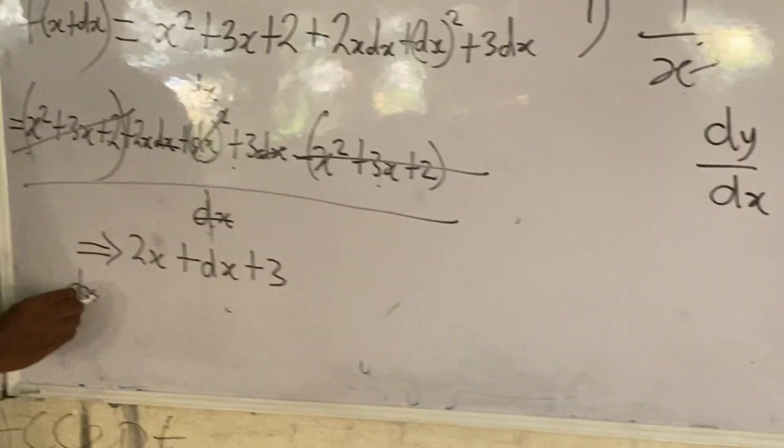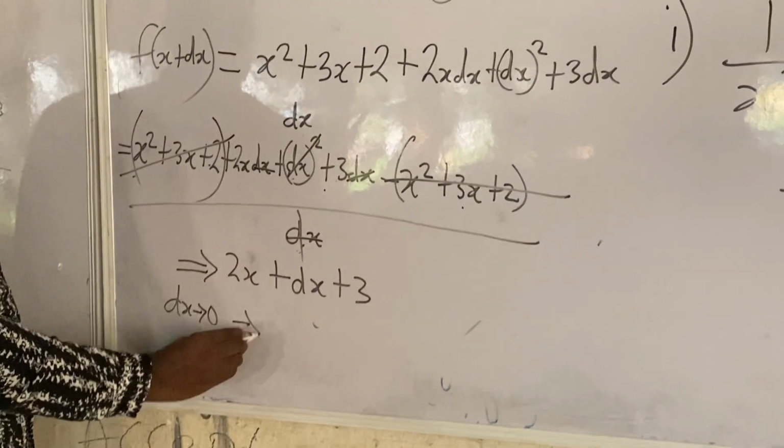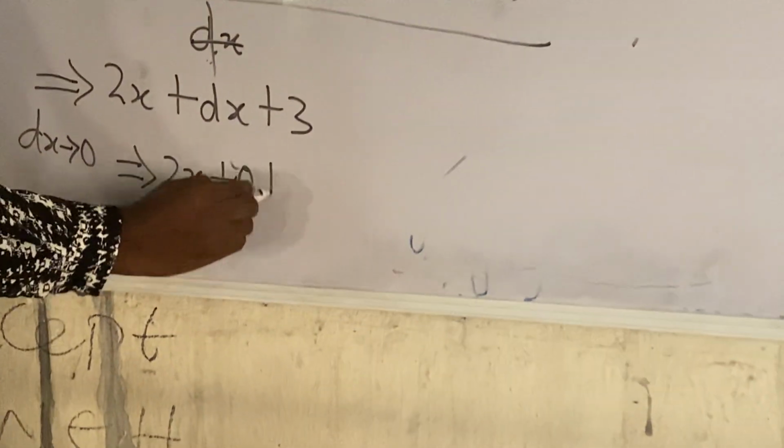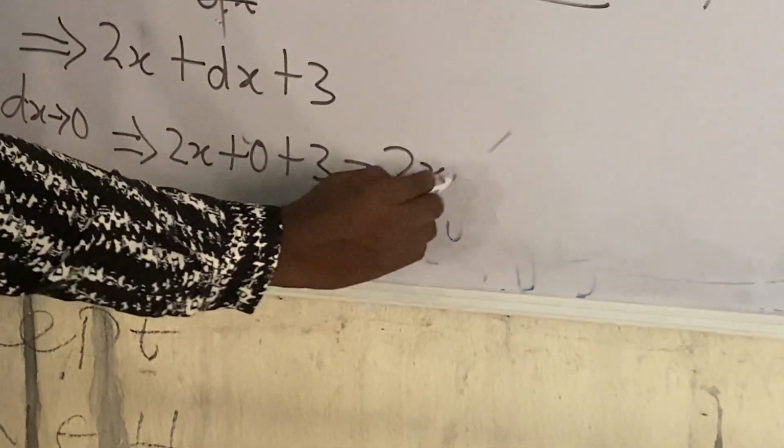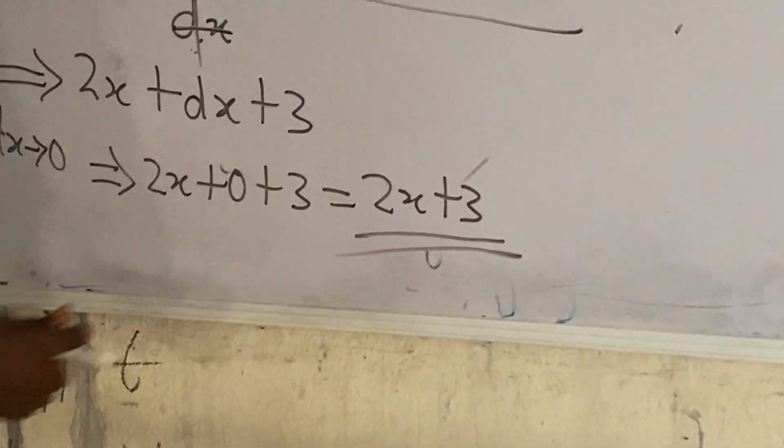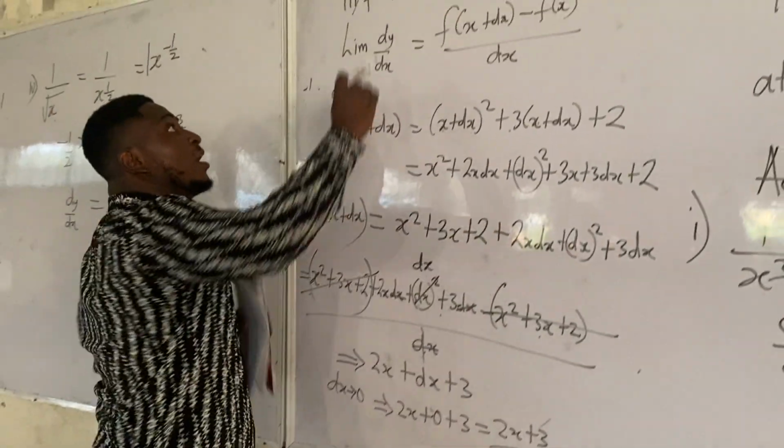Now as dx tends to 0, we get 2x plus 0 plus 3, giving 2x plus 3. This is the answer to activity 4.2 I.